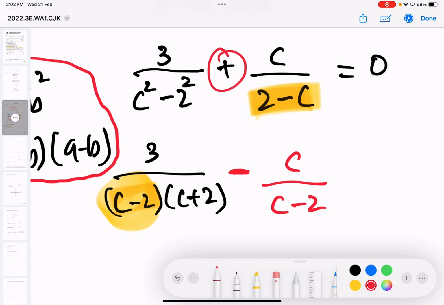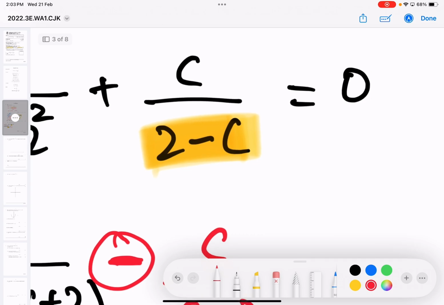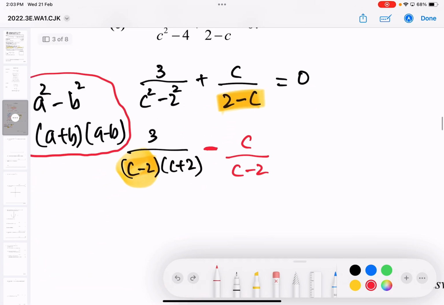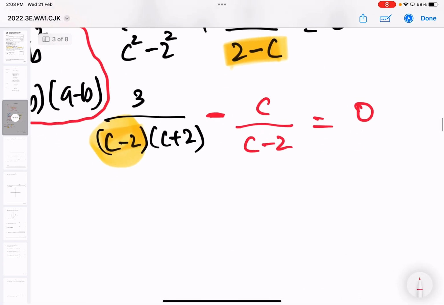Okay, so in this case, the plus will become minus. Don't believe me, you can substitute back the negative into c minus 2. You will get negative c plus 2. This is negative c plus 2. Okay, so it's really the same thing. You get this equals to 0.